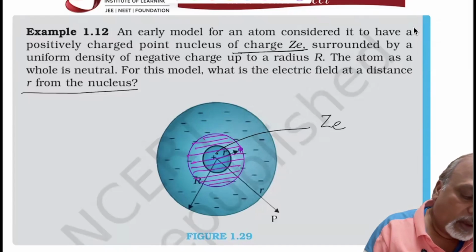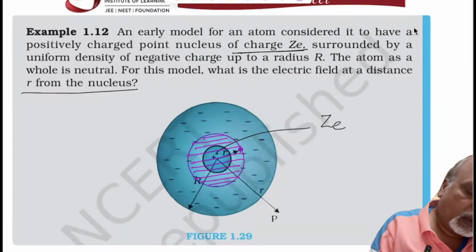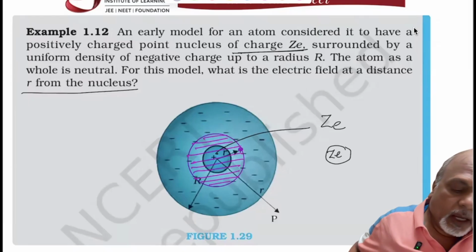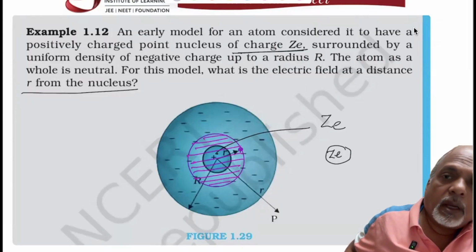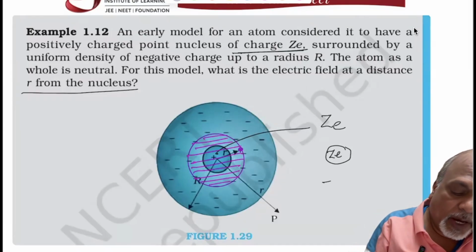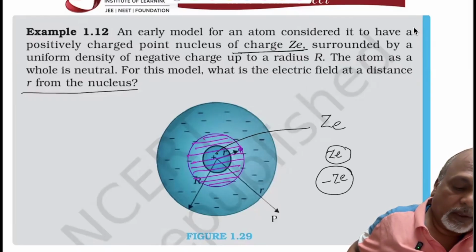That is the most important thing. Here the atom is electrically neutral. That means Ze is the positive charge inside the nucleus, so naturally, minus Ze will be the negative charge outside the nucleus.